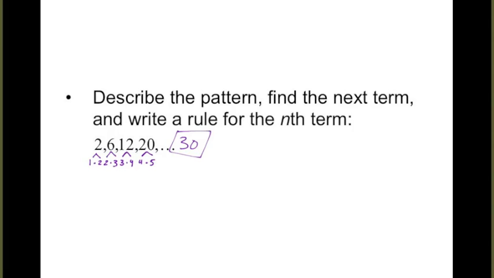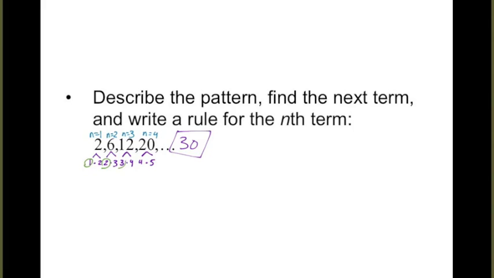Remember, we want to name our terms according to their place in line. So that's n is 1, 6 is n is 2, 12 is n is 3, 20 is n is 4. And when we come up with our pattern, what we want to do is look at what we've noticed in relationship to n. So the first thing in each of these products, how does it relate to n?